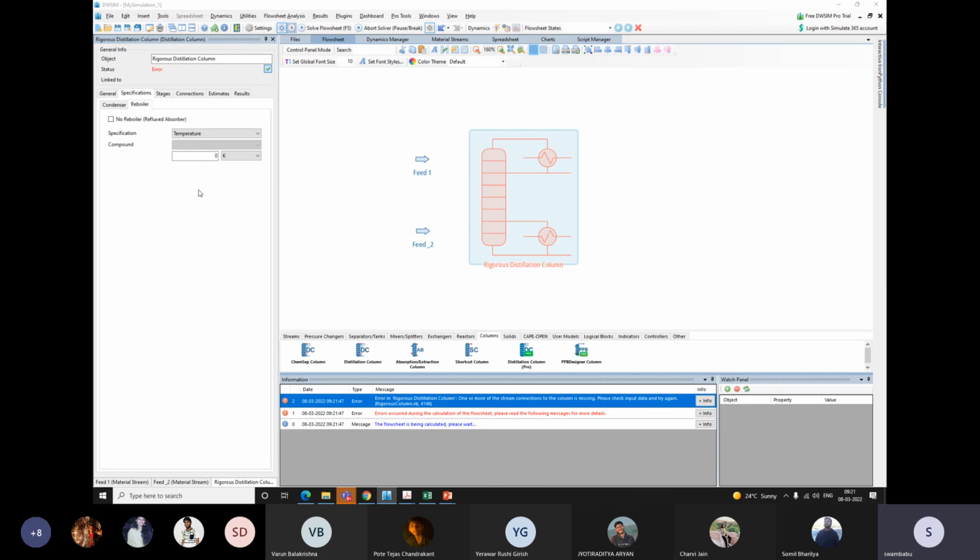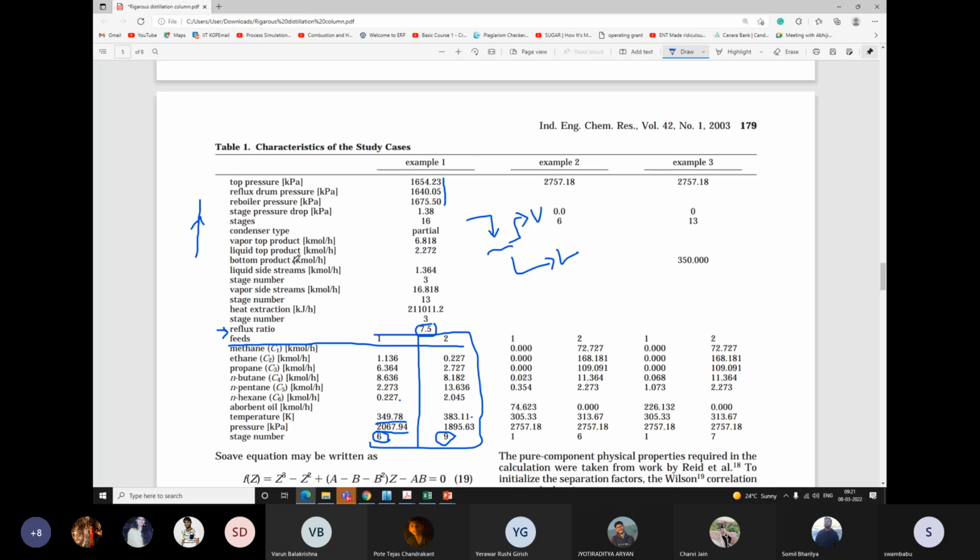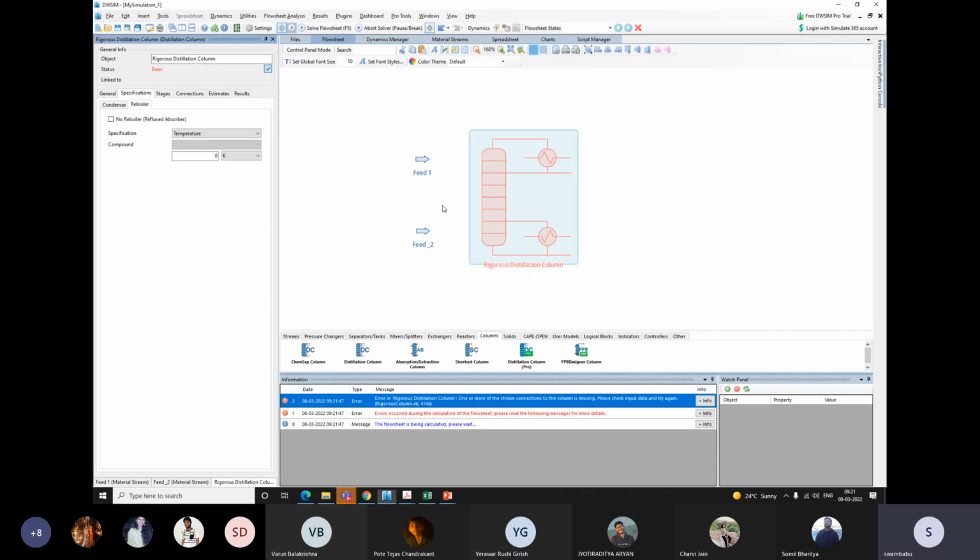Let's see if we have information on temperature. Reboiler pressure is given. This should be there. Product mass flow, compound mole fraction. Okay, I don't know. I'll check.